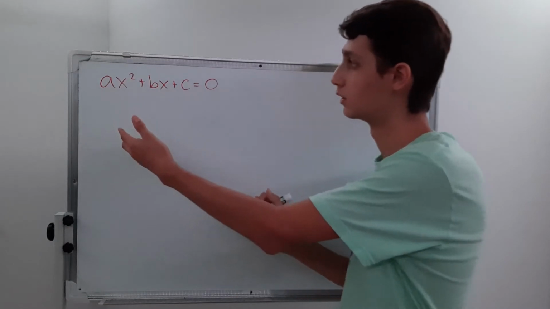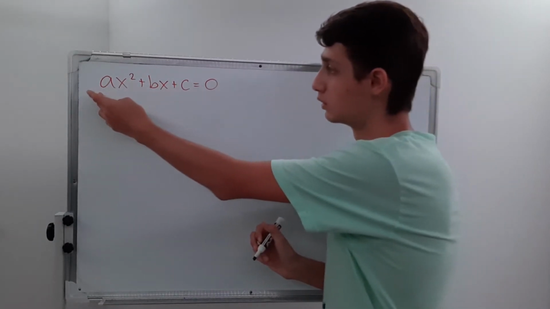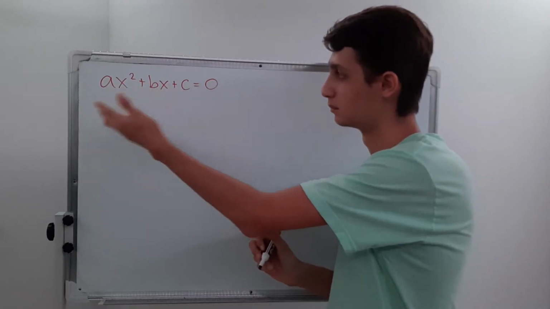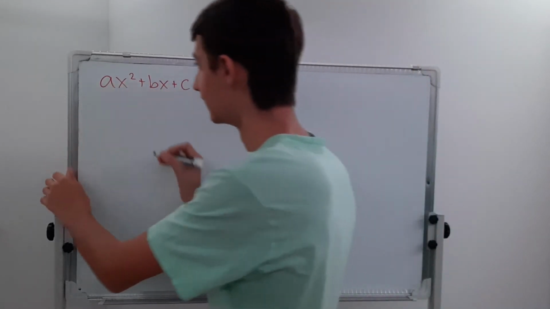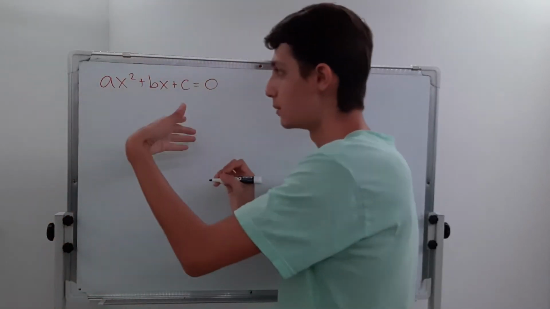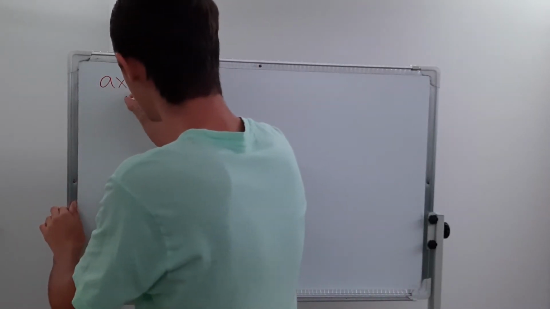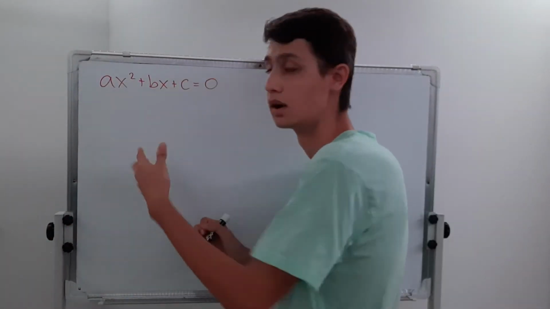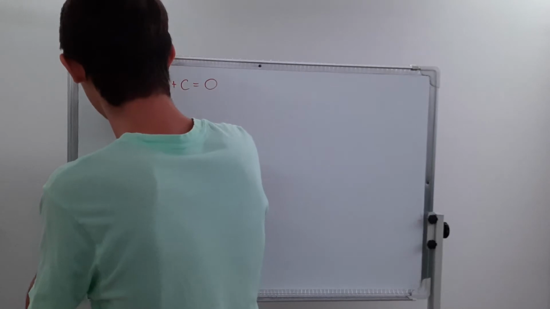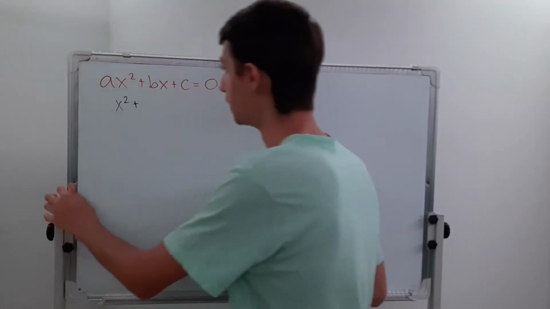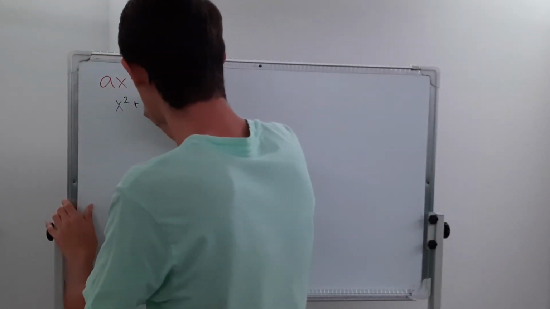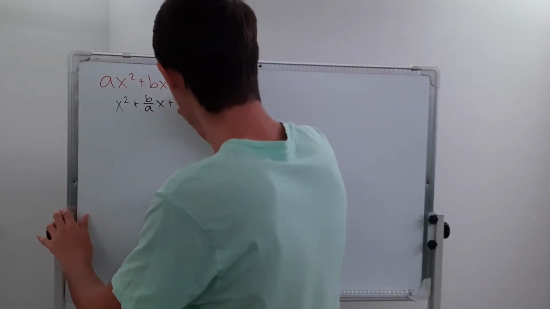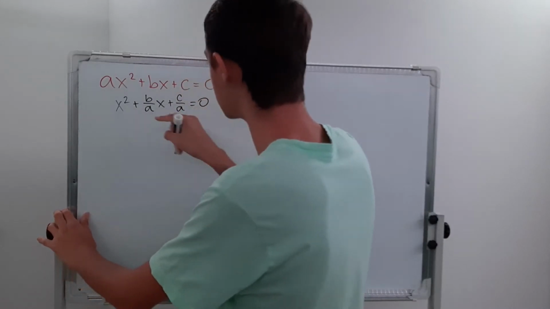So the first thing we're going to do if we want to complete the square is divide by a on all of our terms, so that we just have a 1 here. So I'm going to divide by a, so we get x squared plus b over a x, and then plus c over a, and then we're setting that equal to 0.